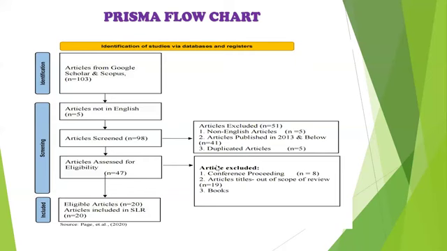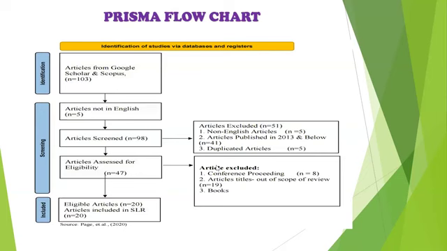Then here also, articles excluded: articles published in 2013 and below, duplicated articles. You also have duplicated articles because sometimes, even when you are downloading on Google Scholar, it often happens, and even on other databases too. Sometimes you can download a paper on Google Scholar and then download that same paper on the Scopus database.